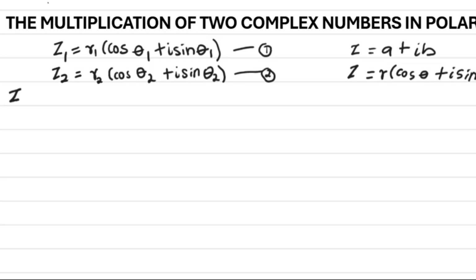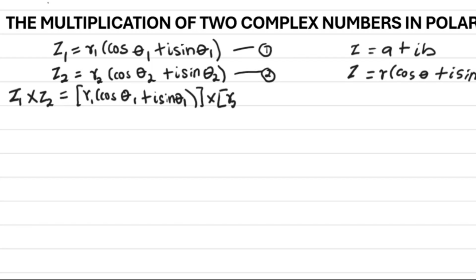Now, Z1 times Z2 is going to give us the multiplication of R1 (cos theta 1 plus i sine theta 1) multiplied by R2 (cos theta 2 plus i sine theta 2).